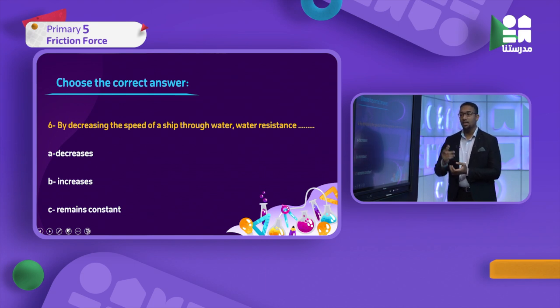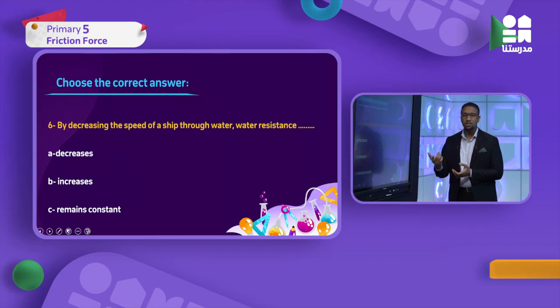Decrease speed, so the water resistance also decreases, not increases, not remains constant. So increases will not be correct. Remains constant, we don't even have it. So by decreasing the speed, water resistance decreases.